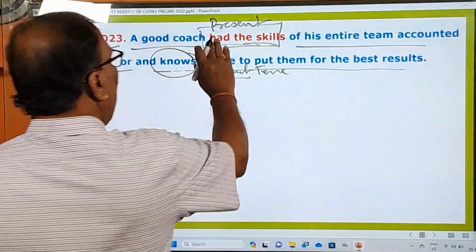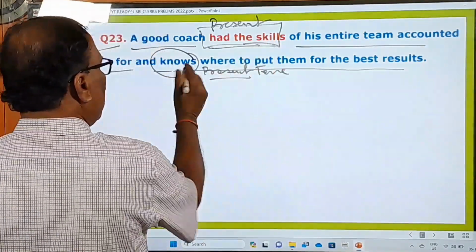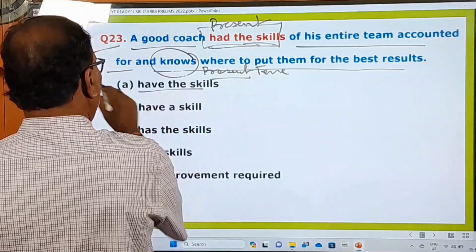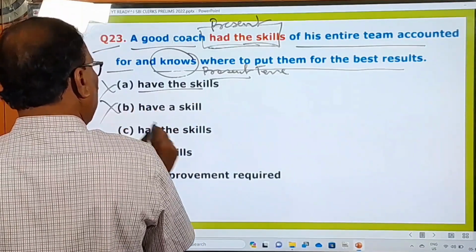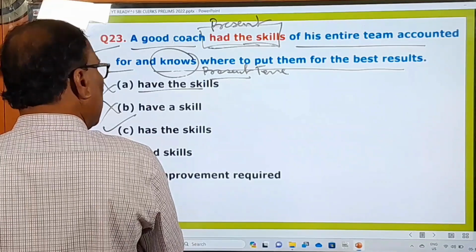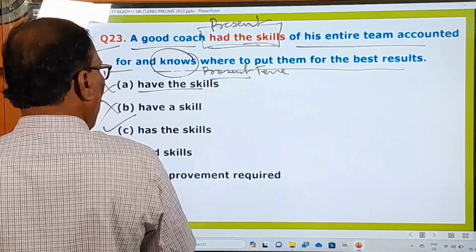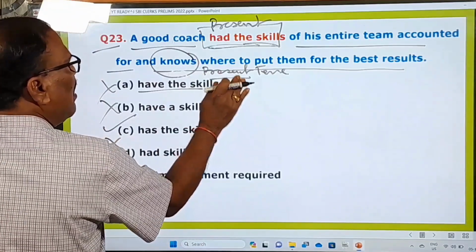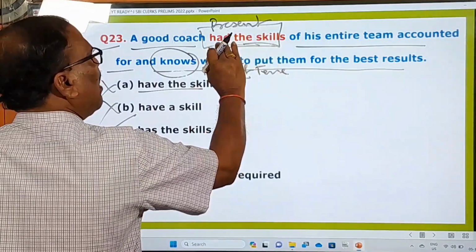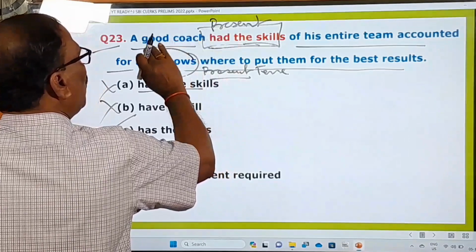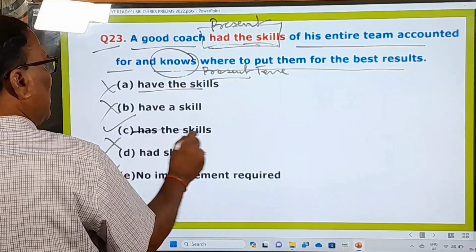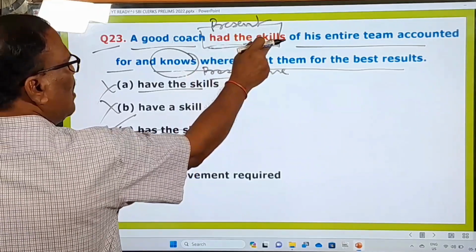And let us see, had the skills is there, and present tense is knows where. So present tense. Okay, here have the skills, wrong; have a skill, wrong; has the skills, okay, this is right; had skills, okay, this is also wrong; and no improvement. So here this part is in the present tense, and we are rather forced to put this in the present tense only. So here a good coach has the skills, not had the skills.